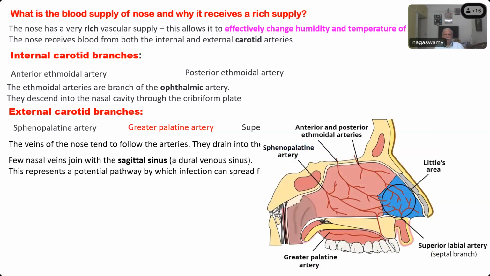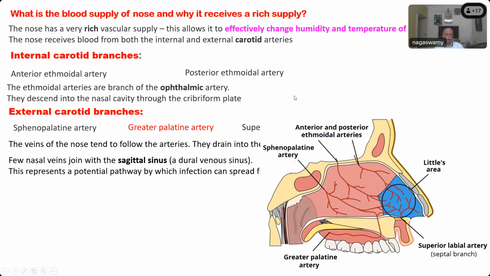Okay? And this is what is called Little's area, where all the anterior, sphenopalatine and labial arteries conglomerate, so this is the notorious area for bleeding causing epistaxis. Little's area is supplied by both anterior and posterior ethmoidal, sphenopalatine, and superior labial septal branches. And of course, the communication with the greater palatine artery is also there.